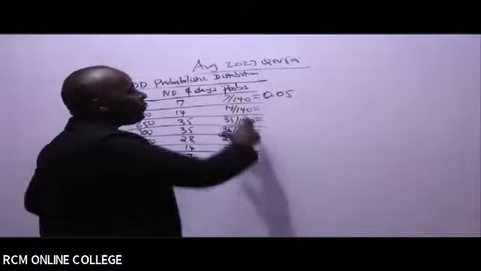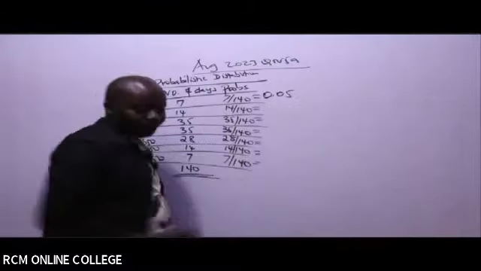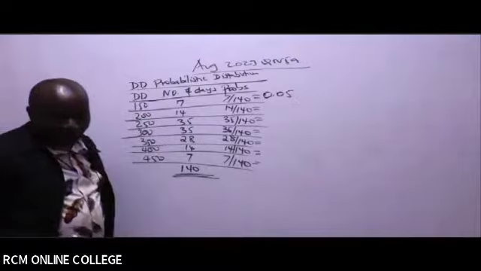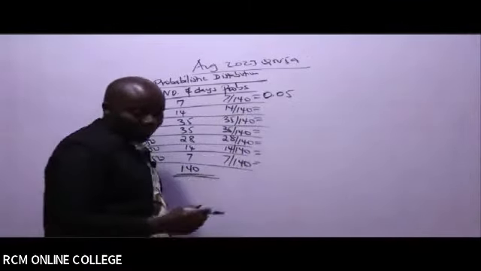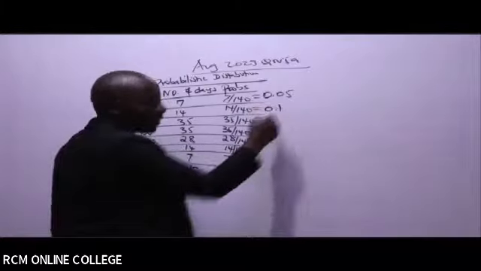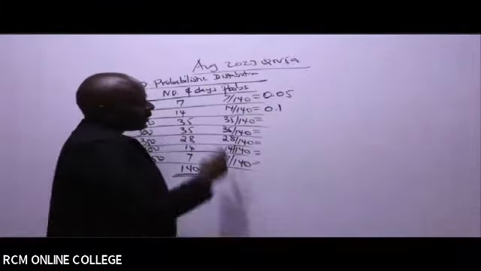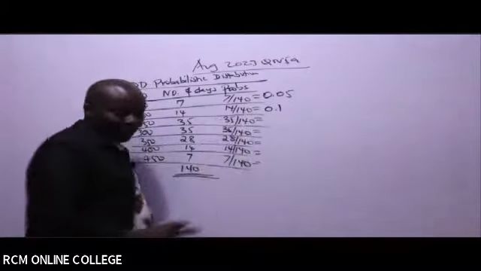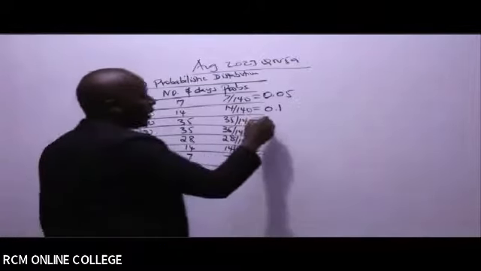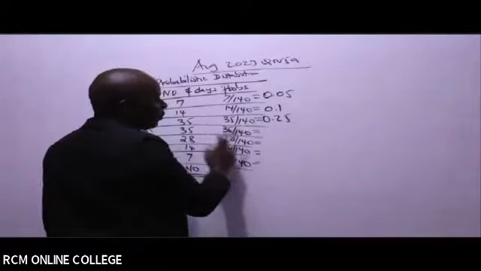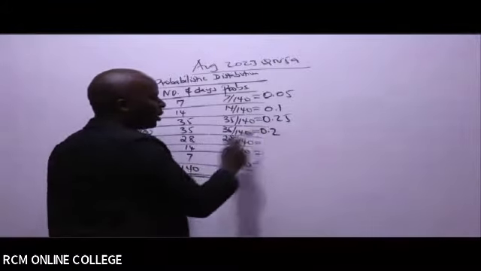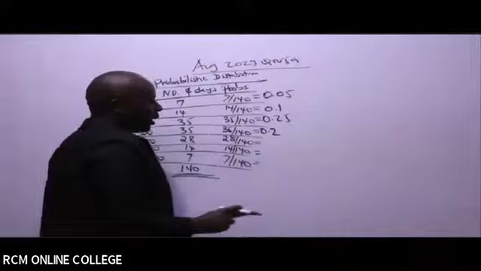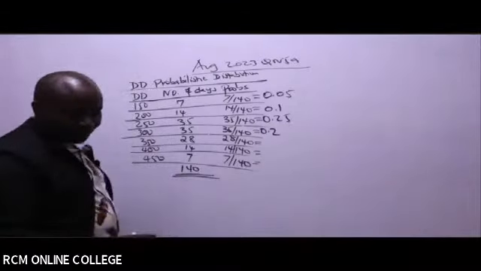So can you kindly divide for me this? 14 over 140 will end up giving me what figure? 0.1. Then 35 over 140 will end up giving me 0.25. Then we have 35 over 140, 0.2. 28 over 140 will end up giving you what here?